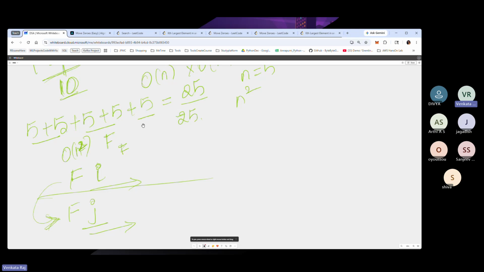So here in this case, what is the time complexity? O of n plus O of n. Correct. So this is the answer I was expecting. Here you are doing n operations. Again here you are doing n operations, which is nothing but O of 2n. Correct? n plus n is 2n.